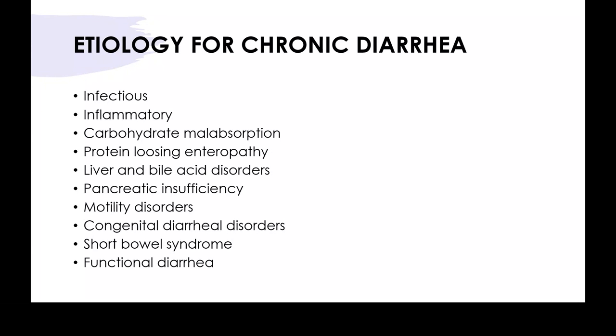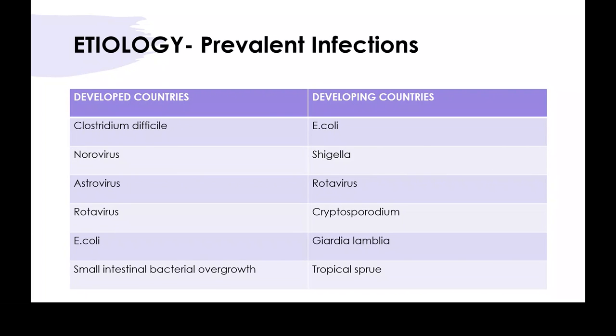If you look one by one, in regard to infectious causes of chronic diarrhea, the prevalent infections differ in geographical ranges. In developed countries, Clostridium difficile is one of the commonest organisms, followed by viruses like norovirus, astrovirus, and rotavirus. These are the predominant infections causing chronic diarrhea in developed countries.